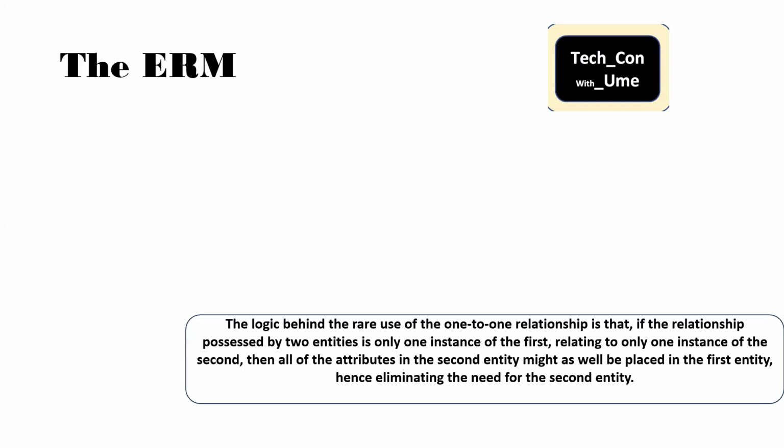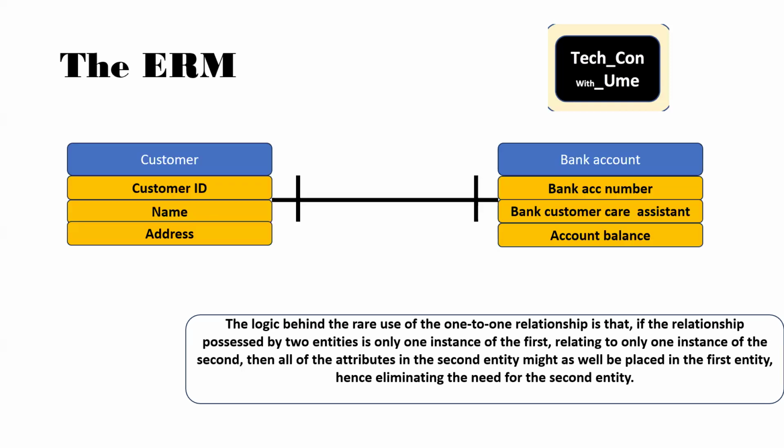The logic behind the rare use of the one-to-one relationship is that if the relationship possessed by two entities is only one instance of the first entity relating to only one instance of the second entity, then all of the attributes in the second entity might as well be placed in the first entity, hence eliminating the need for the second entity. This diagram demonstrates this example.